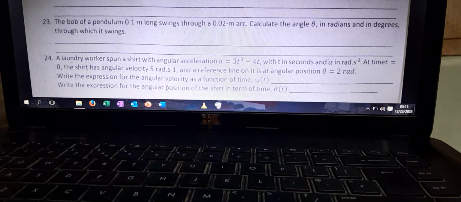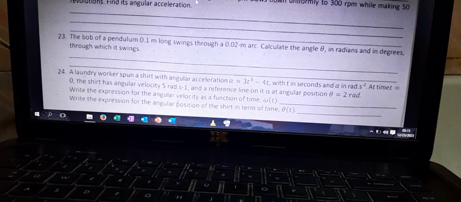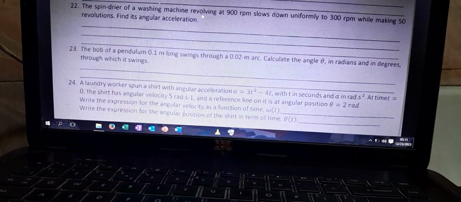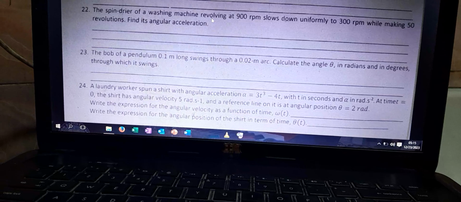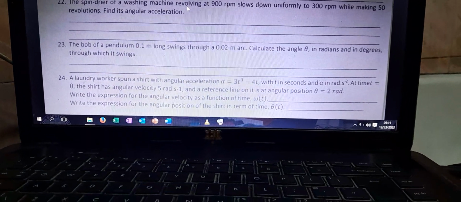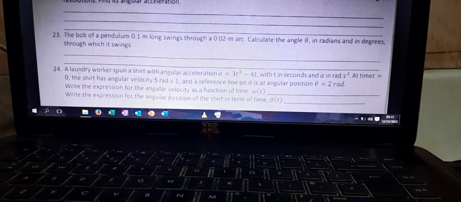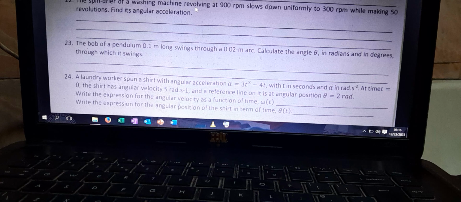Okay, the first thing we need to introduce is, since we're given angular acceleration and at t equals 0 we're given angular velocity as 5 rad per second, then we need to know that acceleration in horizontal motion is the change in velocity over change in time.